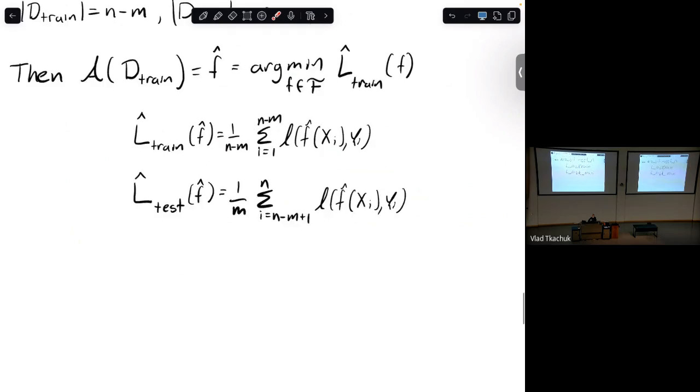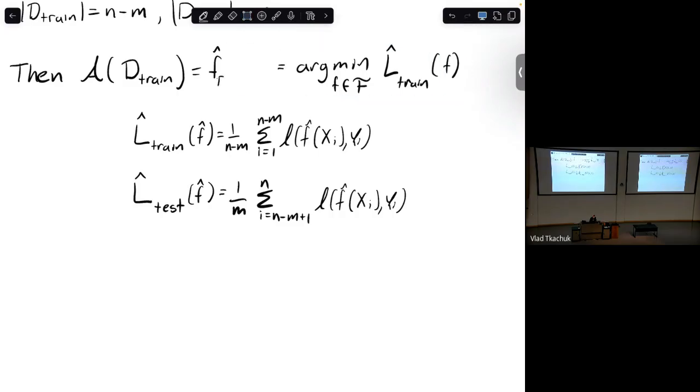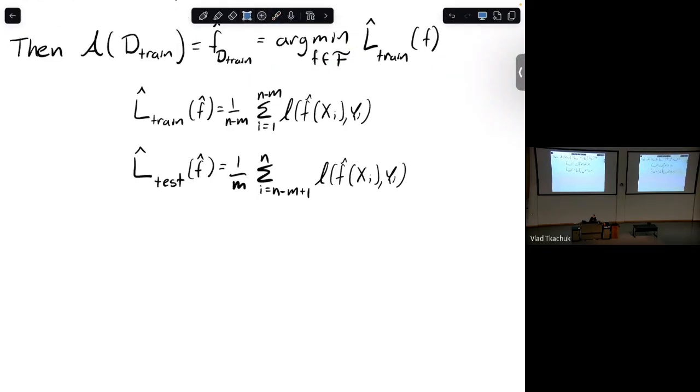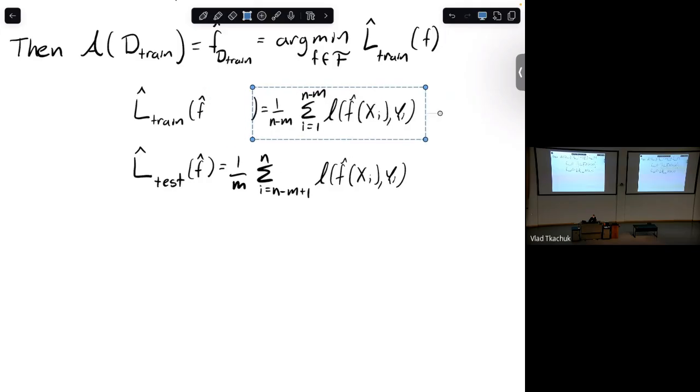The other important thing, and maybe I should make this absolutely clear as well, is that f hat depends on the training data set, clearly, because it's minimizing the empirical risk based on it. So f hat depends on the training data set.